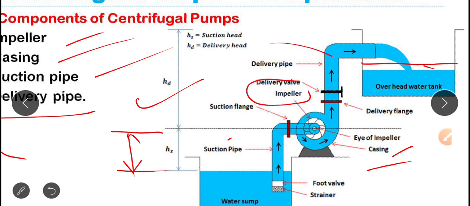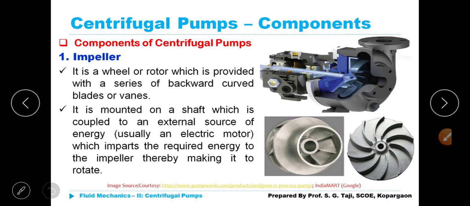Then delivery pipe. This arrow indicates lifting of water up to the overhead tank from the sump. That's all the process. Since this process is carried out by means of centrifugal action, the liquid is made to throw. Therefore, the lifting of water is possible. Okay.